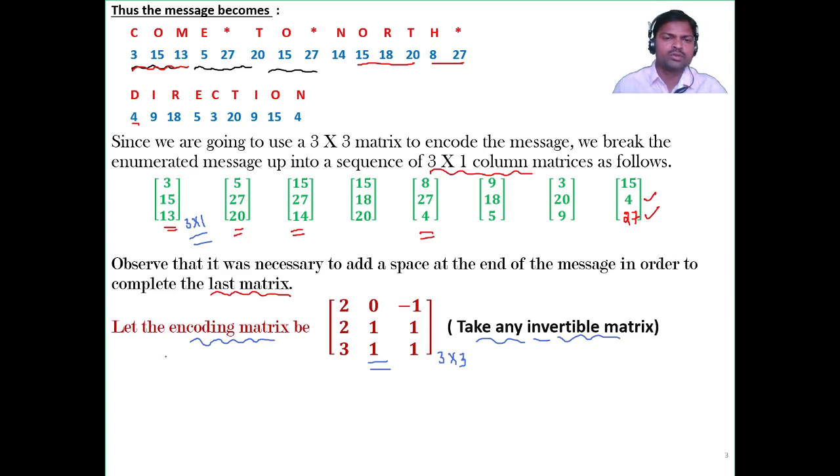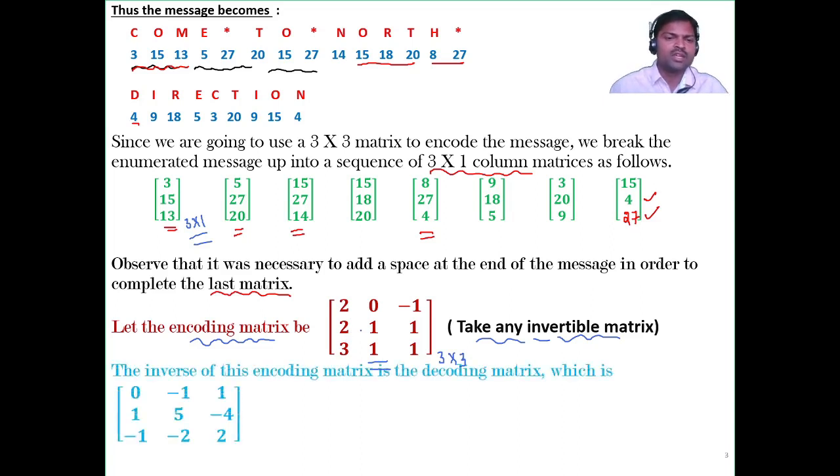So you can take any invertible matrix, and this matrix is with me, the sender, and we should not disclose it to any person. If you disclose this matrix to anyone, then there is a chance to crack the message. That way privacy can be maintained. The inverse of this encoding matrix is the decoding matrix.